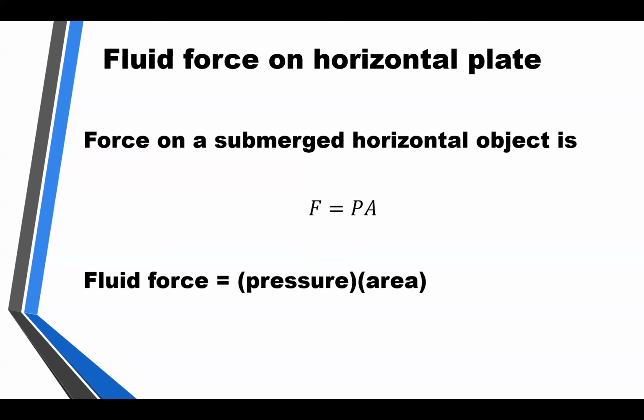If we have a horizontal object, then all of the pressure is going to be the same because all of the points on that object are going to be at the same depth. And therefore, we can just multiply the pressure times the total area of the object, and we would get the fluid force. That is the force of the liquid on that object.